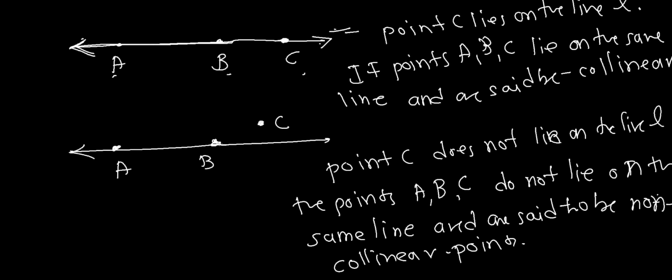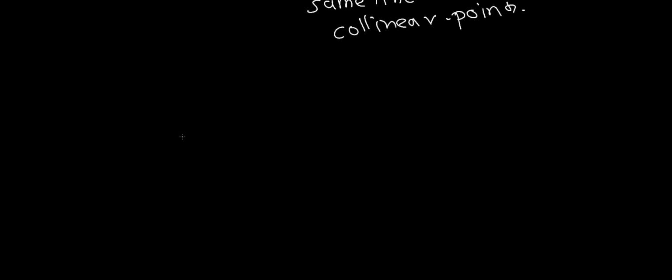But in the same case, if the line goes through these 2 points, but point C lies outside of the line in a plane, then we say that A, B and C are non-collinear points.